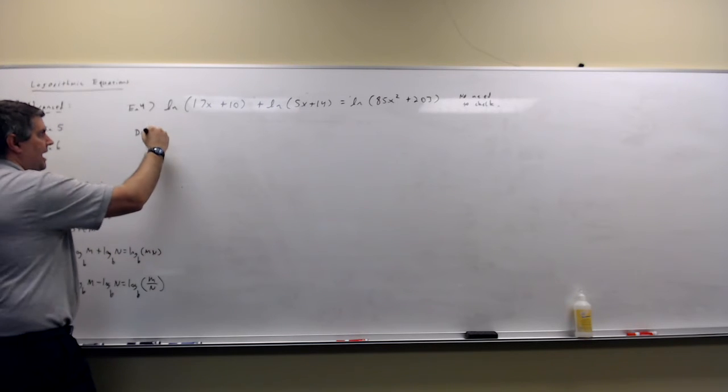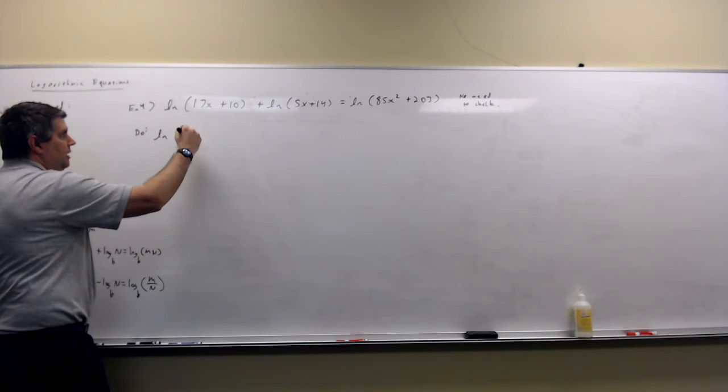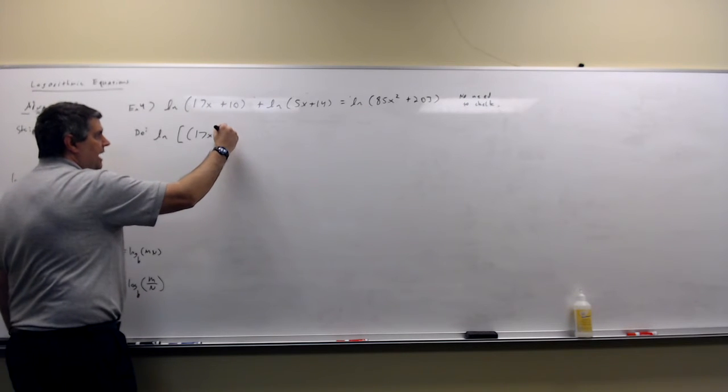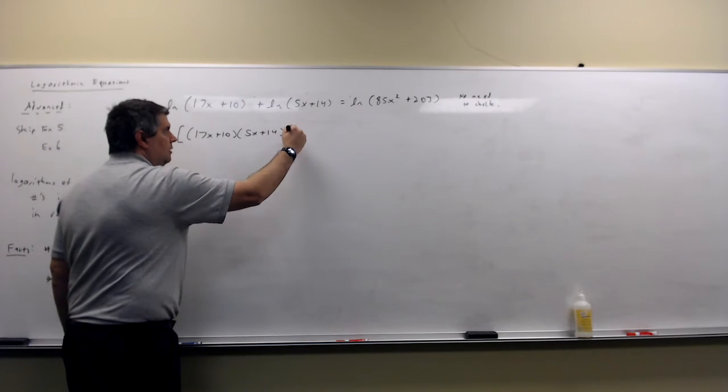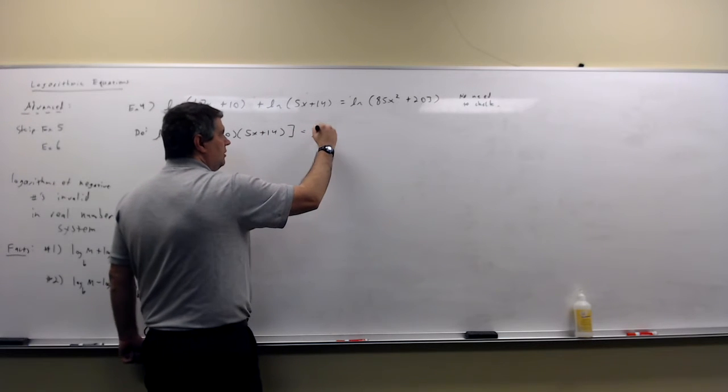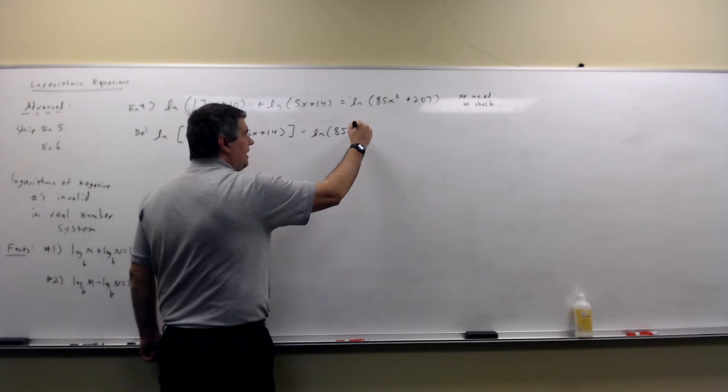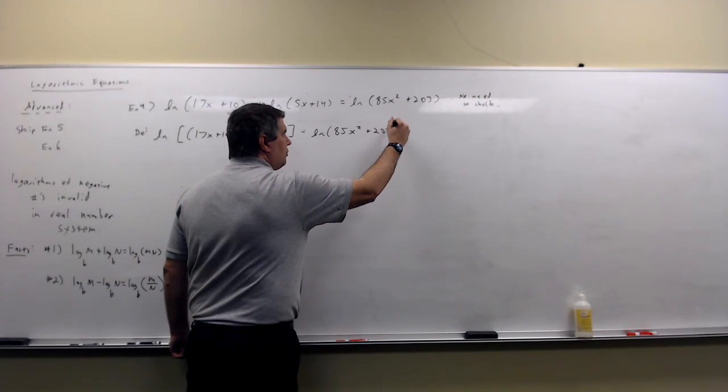So here it goes. We're going to follow this rule for the left side. This is going to be the natural log of 17x plus 10 times 5x plus 14 equals the natural log of 85x squared plus 203.